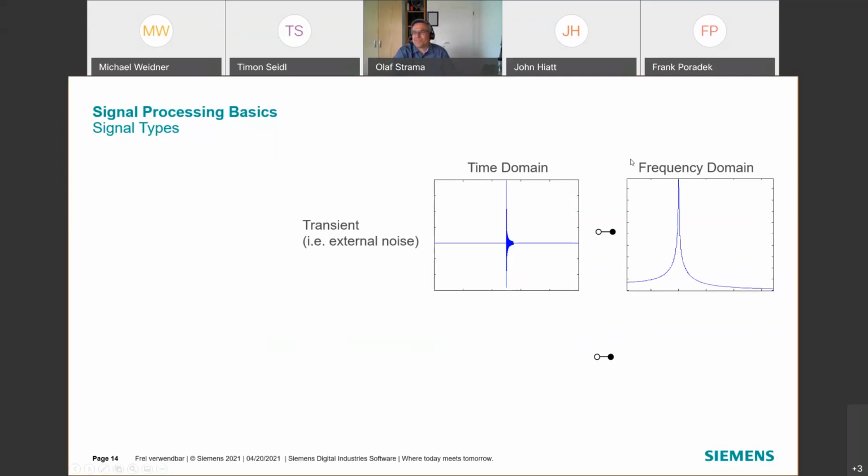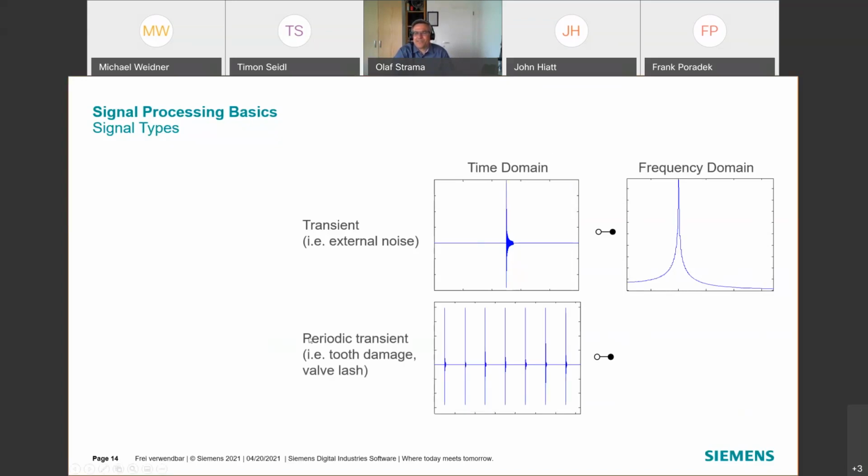And what we see in frequency domain is more or less the frequency response of the device under test. At the end, to detect one transient as a fault is not so easy, because many external noises are transients. That's why we try to suppress single transients.